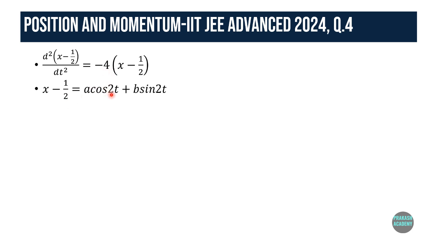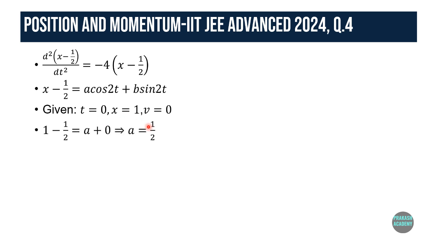Now I can write the solution like this. a and b are constants, and we can find them using the given conditions. Two conditions are given: at t equals 0, x equals 1, and at t equals 0, velocity equals 0, because the block was at rest at t equals 0, at x equals 1.